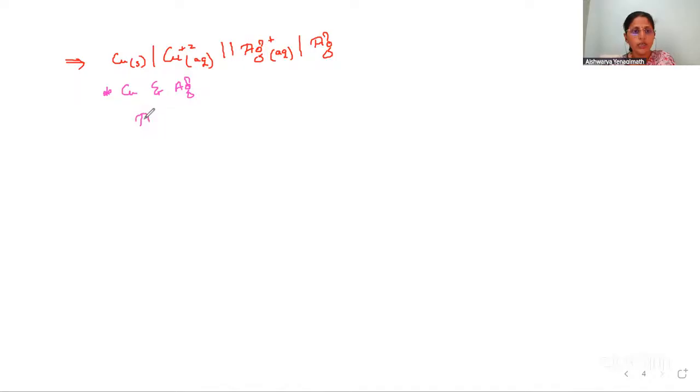When it gains one electron, it becomes Ag. Am I right? Gain of electron means reduction. Reduction occurs at the cathode. So cathode is my positive electrode.